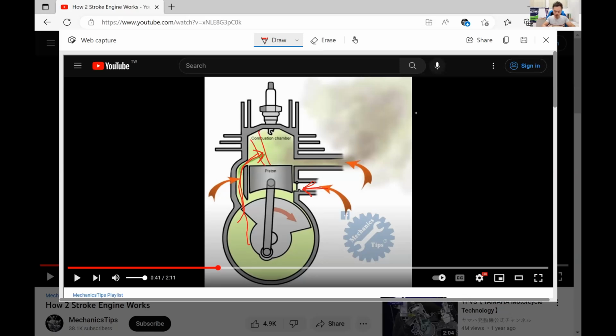Originally, this combustion chamber has a burnt air-fuel mixture. This burnt air-fuel mixture will be expelled to the exhaust port because the new air-fuel mixture is coming in. So we are using the new air-fuel mixture to repel the burnt air-fuel mixture.